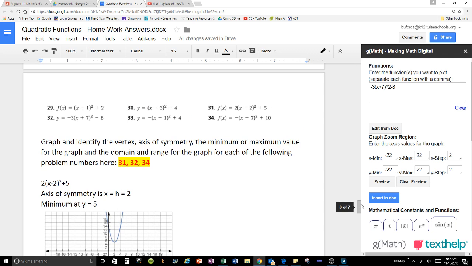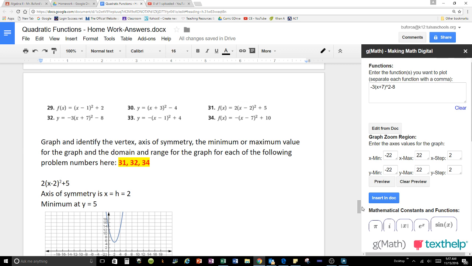Okay, and let's go look at our last one, number 34. In 34, we have a minus sign, so we know it's going to open downward, and it's going to be shifted to the right 7 units, and the vertex is going to be up 10 units.